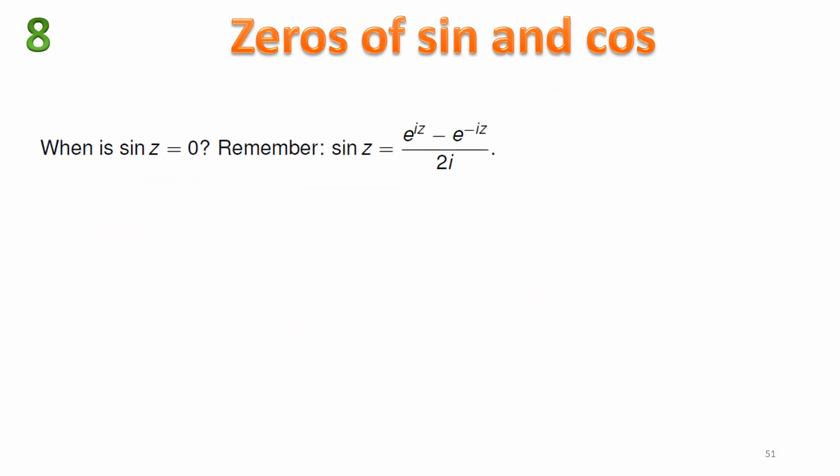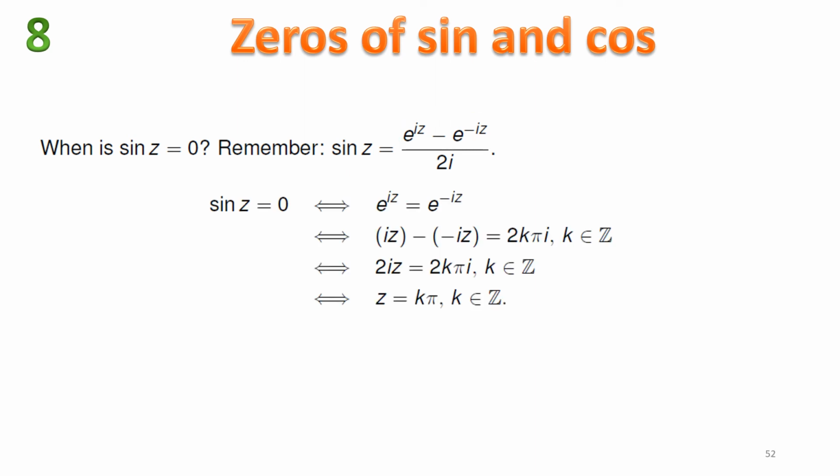We are looking for when sine of z is equal to 0. By definition, sine of z is equal to e to the iz minus e to the minus iz upon 2i. So sine of z will be 0 when the numerator is 0, and when the numerator is 0, you have e to the iz equal to e to the minus iz.